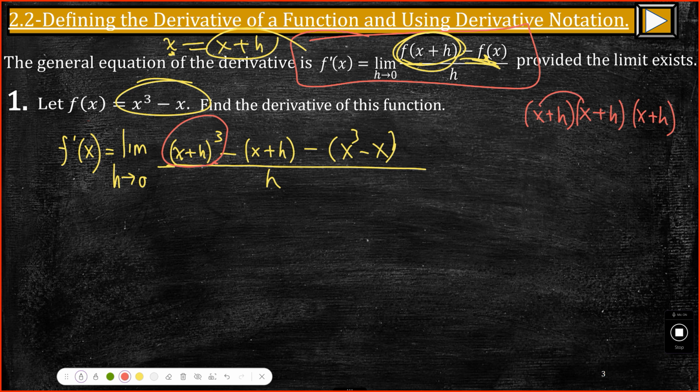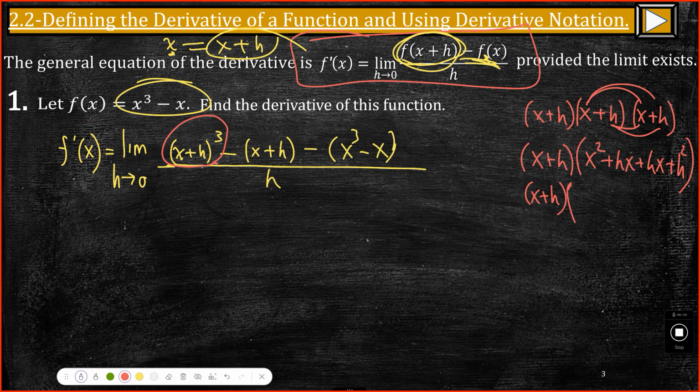Let me do these ones first. x times x, x squared, hx, x times x, and then another hx, and another h squared. That, and then we multiply times x plus h. We got x squared plus 2hx plus h squared.